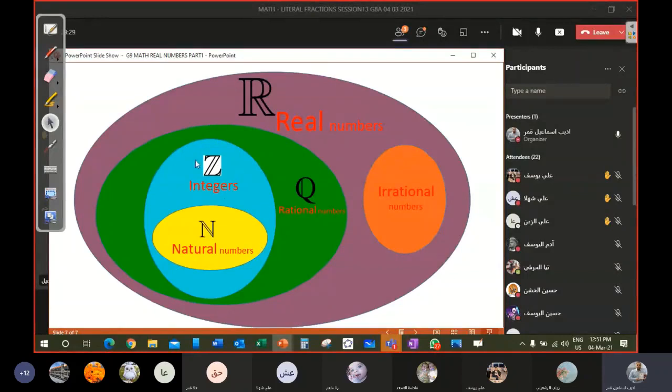And the integers are like a ball inside another bigger ball called the rational numbers. We have a different ball of the irrational numbers. These two balls, the rational numbers and the irrational numbers, are inside one huge ball called the real numbers.